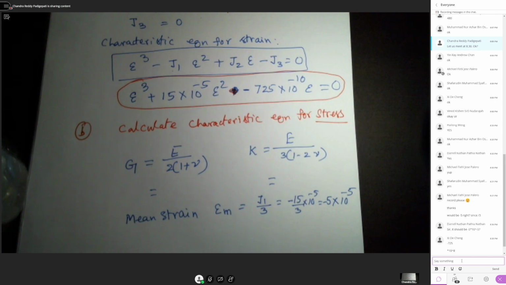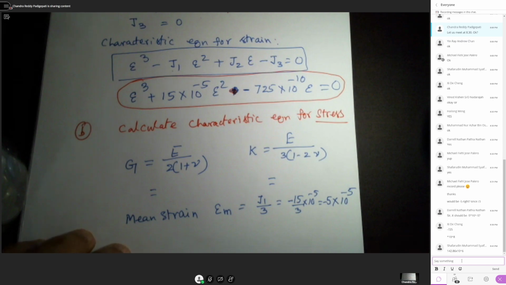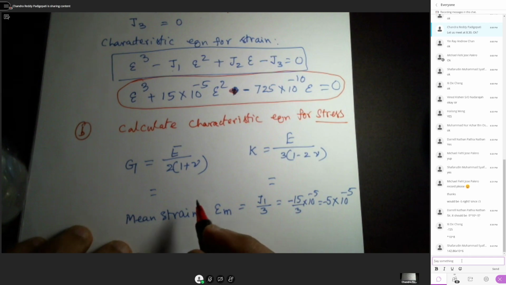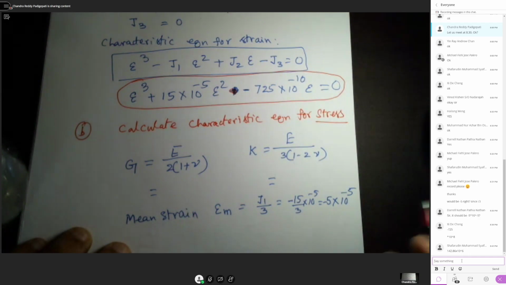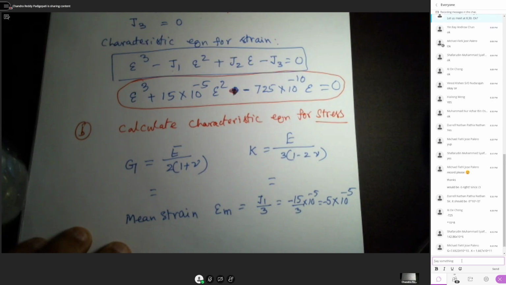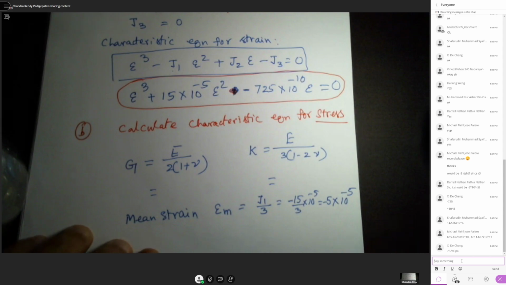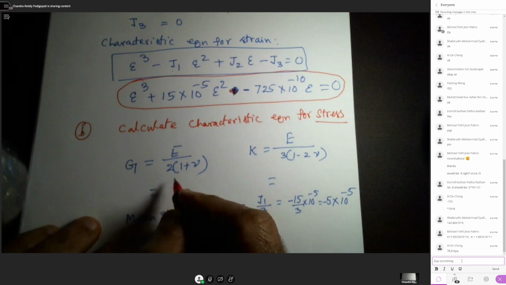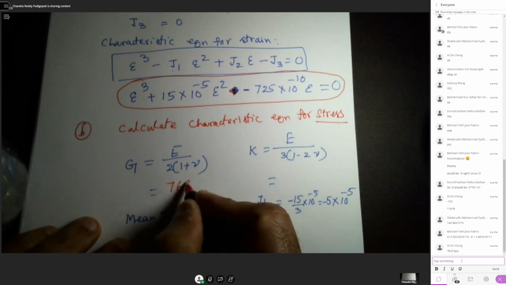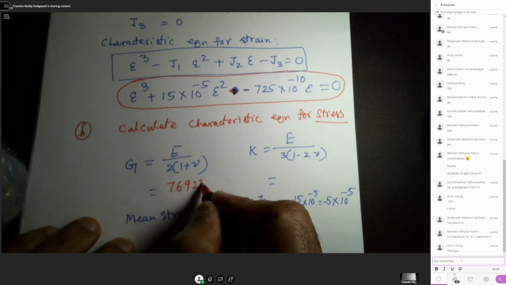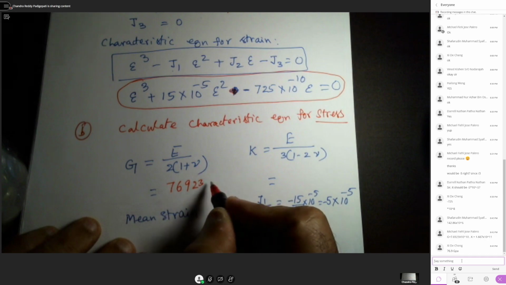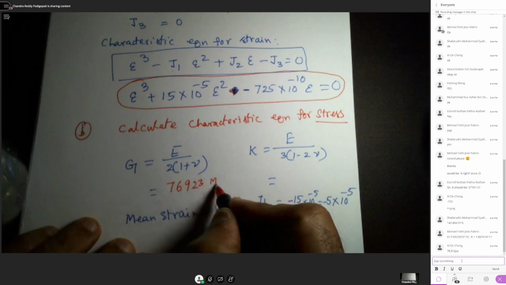Any answer for the rigidity modulus? G is 142.86. I think not correct, Shifruddin. Michael is correct, I think. Yeah, so G you get 76923 megapascals.